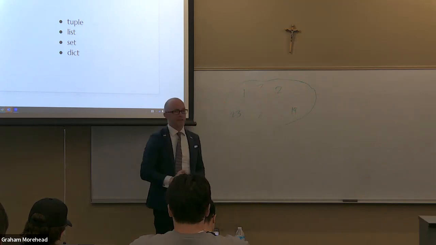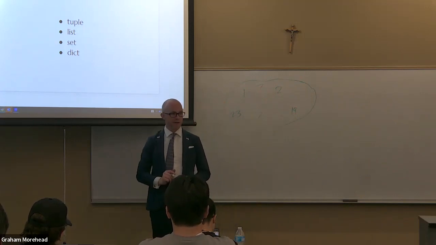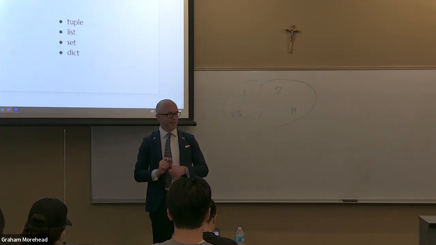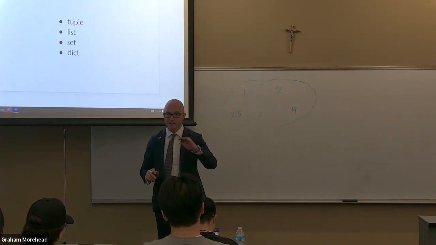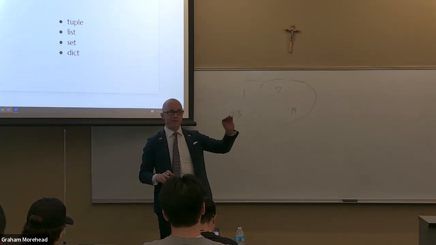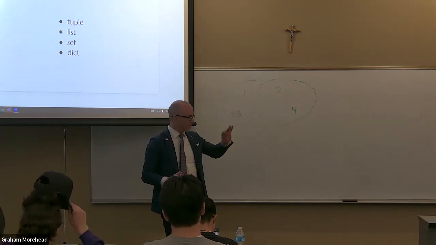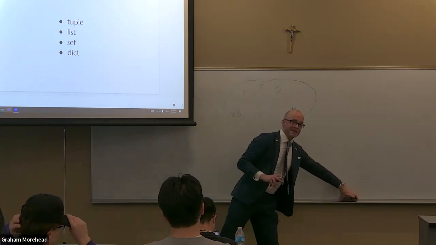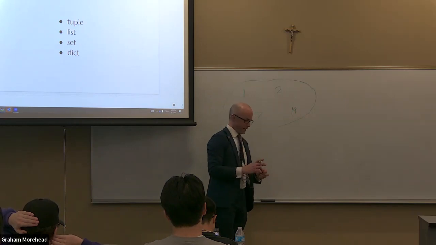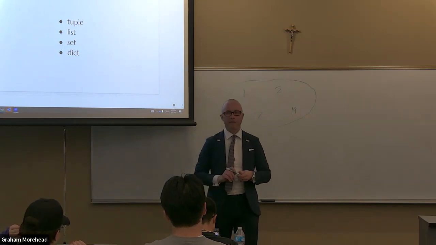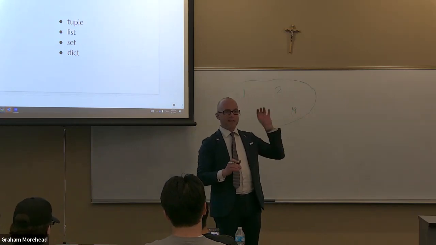Is this a set of numbers? No. Correct, it's not. Why is it not? Because it has two sevens. In a set, either something's in the set or it's not. It's never in the set twice. So keep that idea in your head.